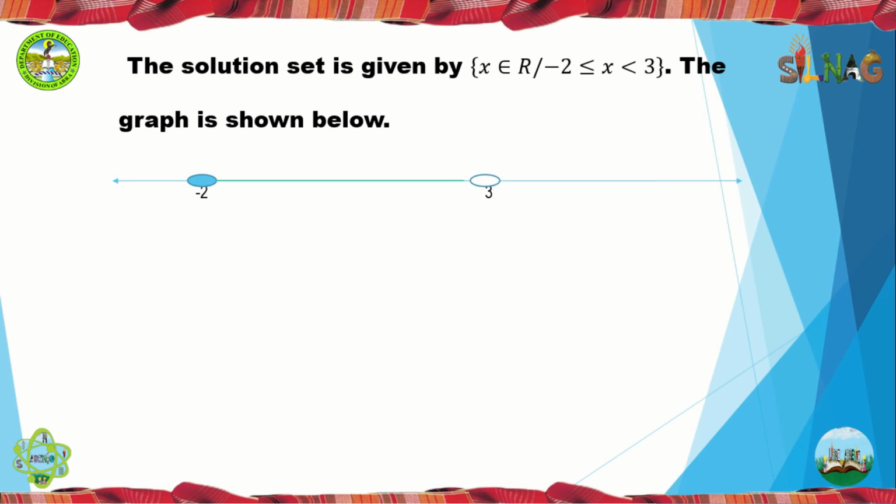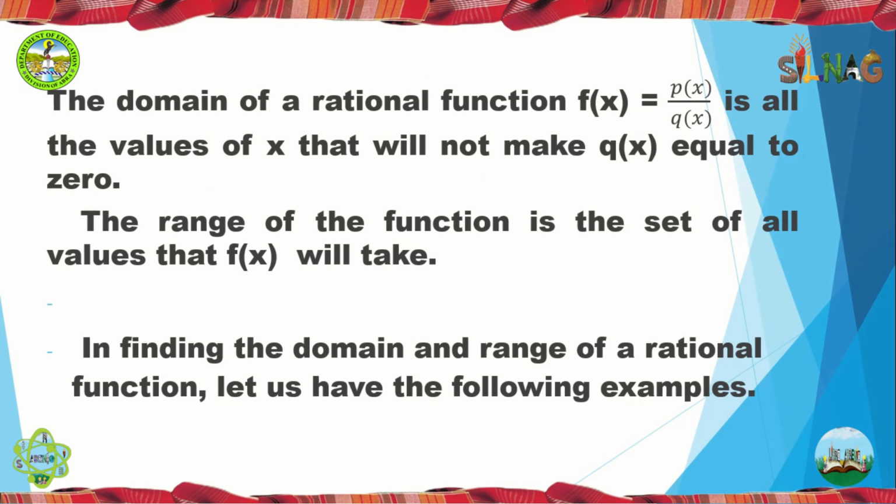The domain of a rational function f of x is equal to p of x over q of x is all the values of x that will not make q of x equal to 0, and the range of the function is the set of all values that f of x will take. Now let us have our topic, how to find the domain and range of a rational function.